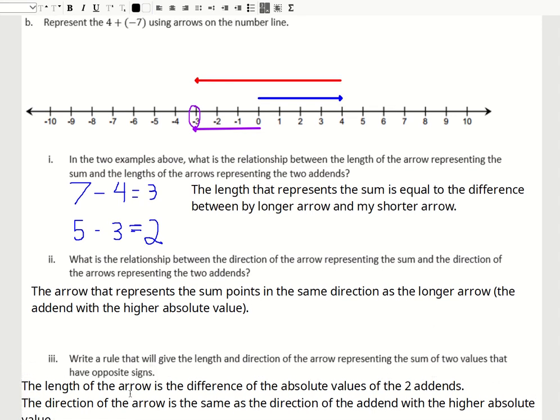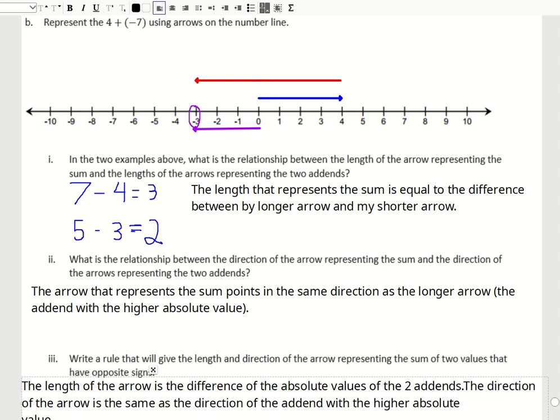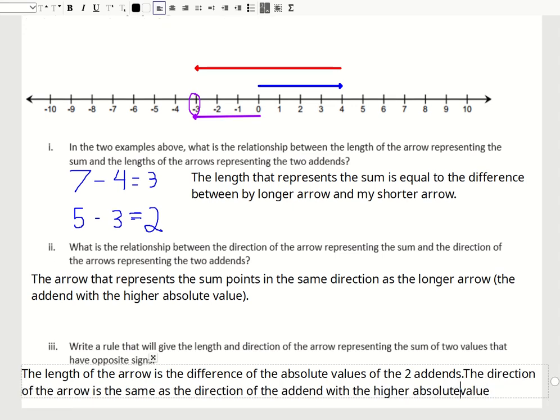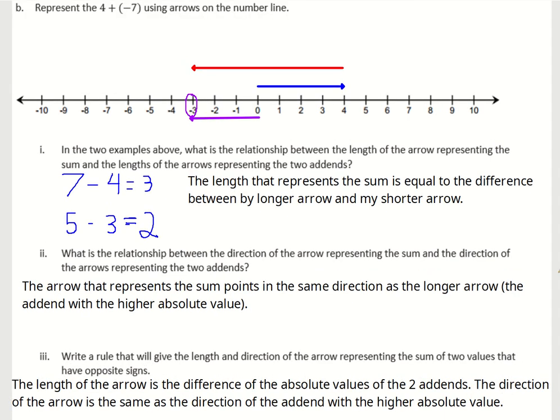Oh, that cuts off a little bit. That's annoying. Well, I can make it not cut off. There. Now it doesn't cut off.